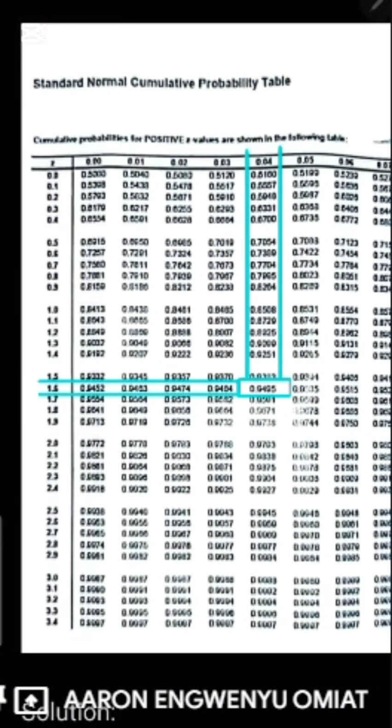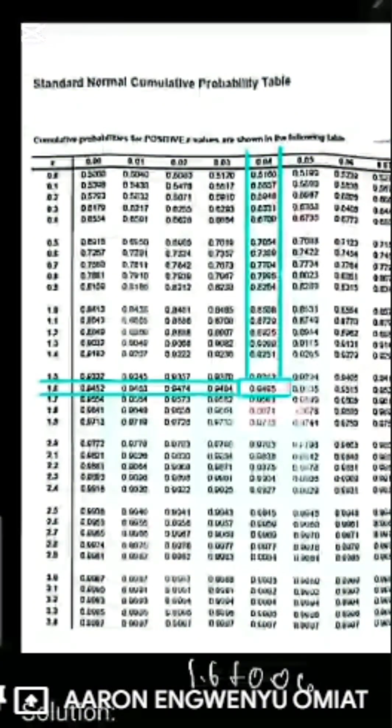The value I chose earlier was 0.9495, because 0.9495 and 0.9505 are both 0.005 away from 0.95, so any you pick is okay. In my preparation, I chose the first one, so it corresponds to 1.6 plus 0.04.